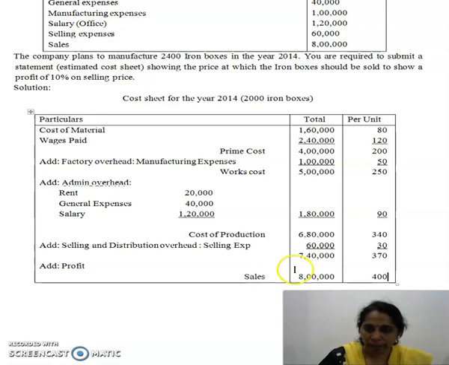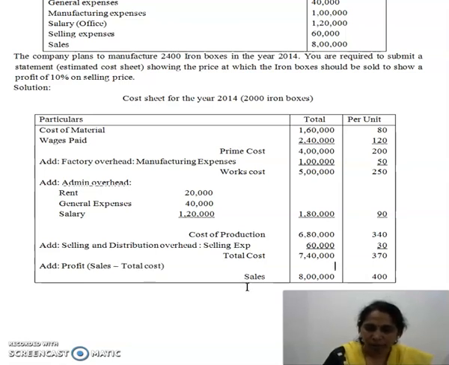Okay, so it's very easy. Profit is not given, but for this I forgot to give the name, that is total cost. So total cost is given, sales is given.